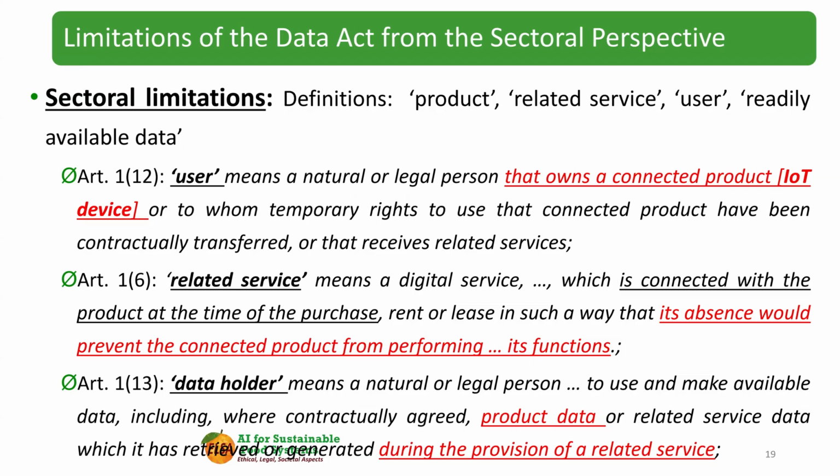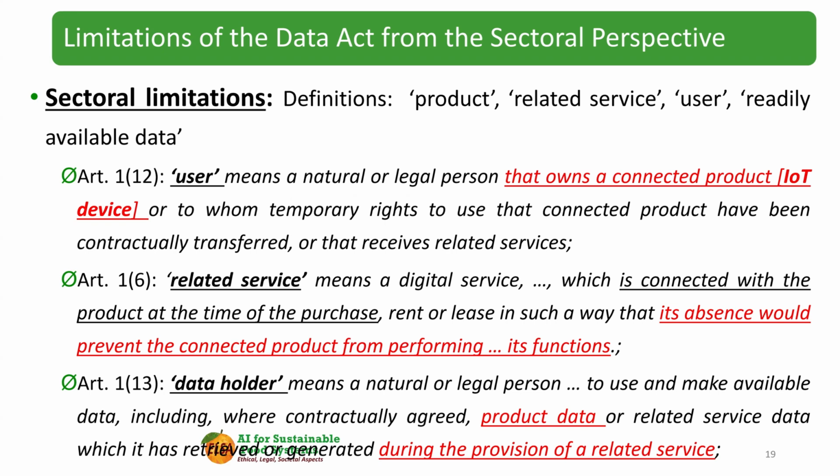The regulation grants all the data access and sharing rights to a user of an IoT device, but the user is defined as the natural or legal person that owns a connected product. So that means if you buy the tractor, then you will have rights over the data sets generated by your tractor or IoT device.